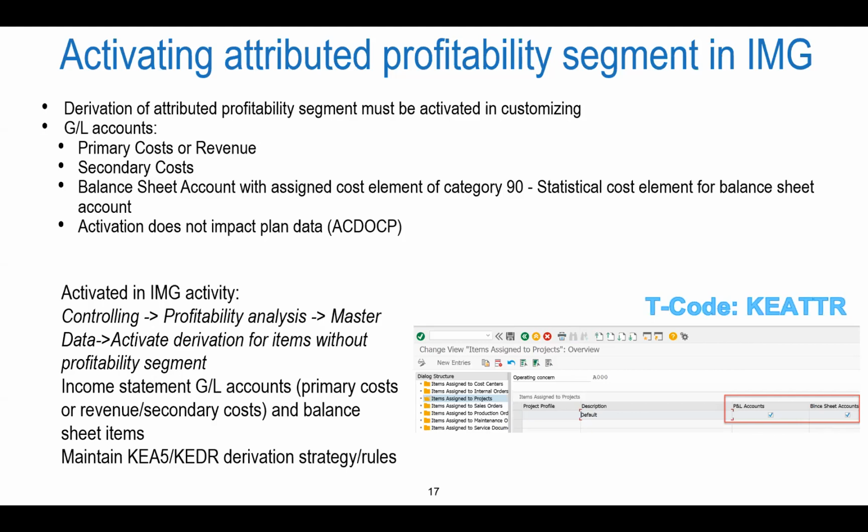Once you activate it, the attributed profitability segment is available, and you can get the attributes and post to the document. This is the only configuration required for you to perform this functionality, besides COPA things like derivation rules and setting up operating concerns. Besides that, these are the only config you need for attributed profitability segment.